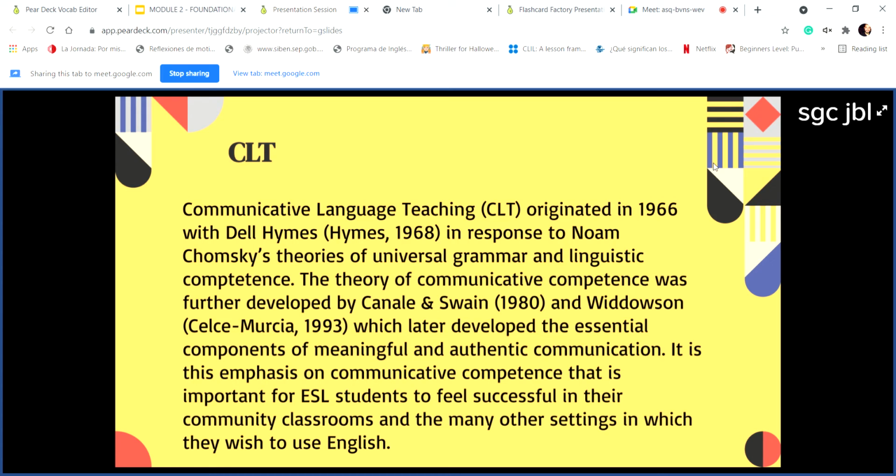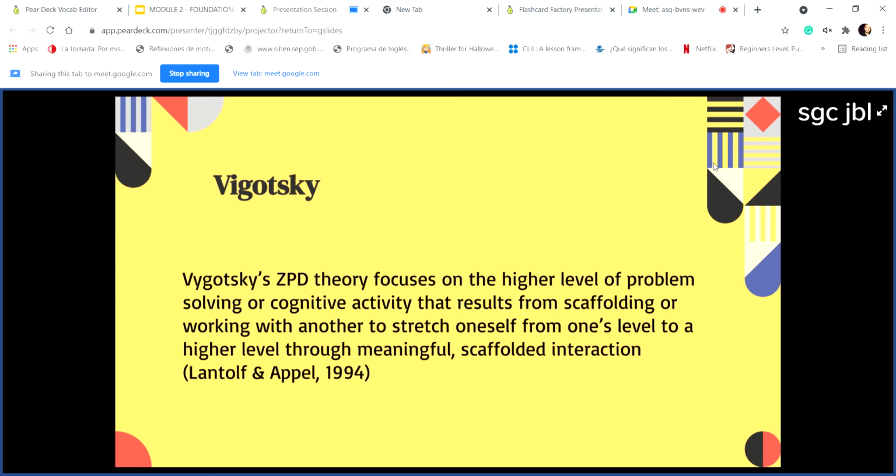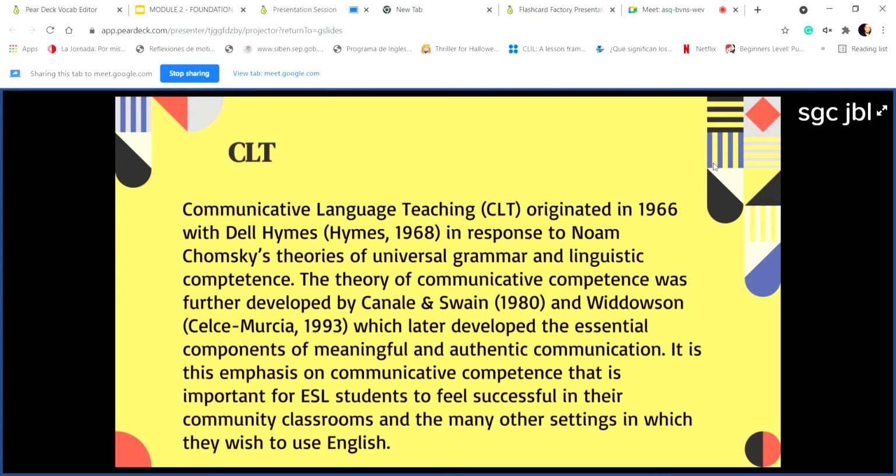So if you approach language according to Chomsky, you're going to leave out all the meaningful content and all the meaningful ambience that Krashen is asking you to put into your practice. Well, that's why I think Chomsky is out of the league right now.